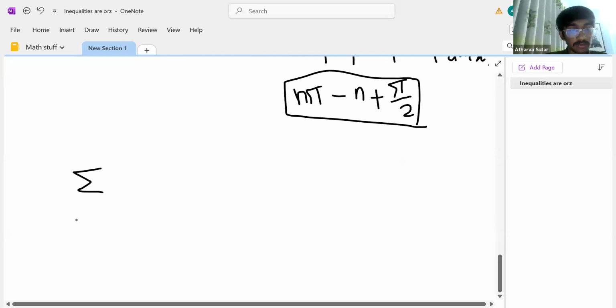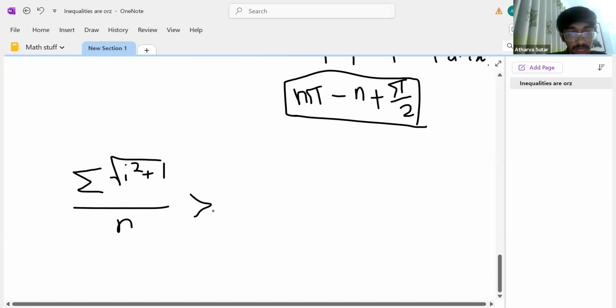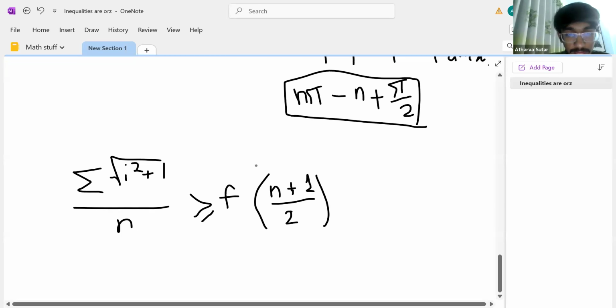So on the LHS, we would get the sum of root of i squared plus 1, upon n, is greater than or equal to the function of the average of all of these, which would be n plus 1 by 2. The average of 1 to n is basically this. And this is f of (n plus 1) by 2.